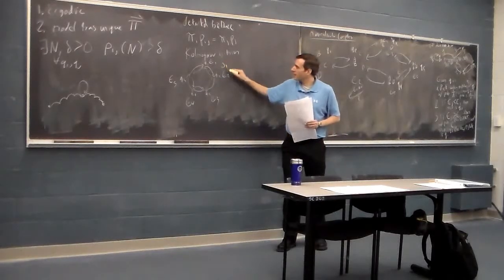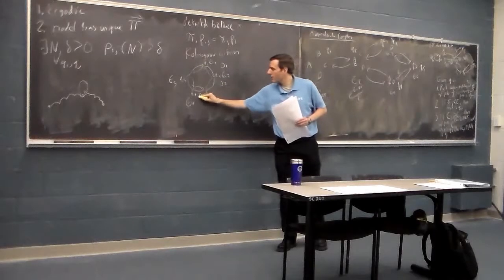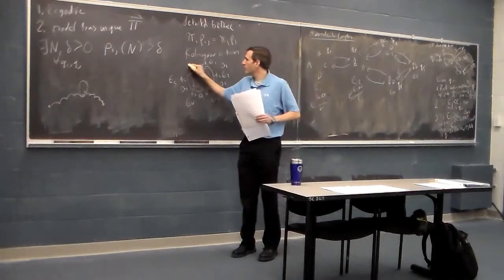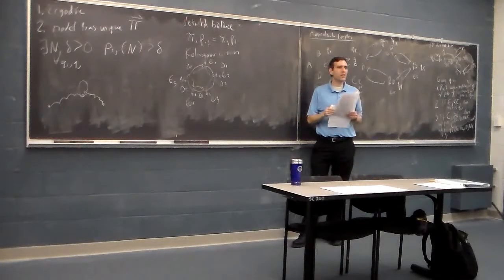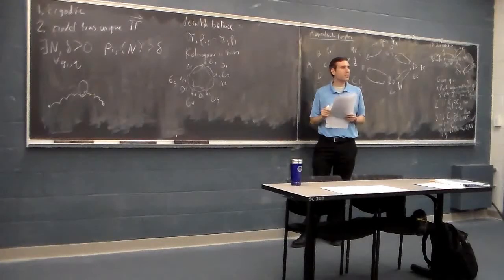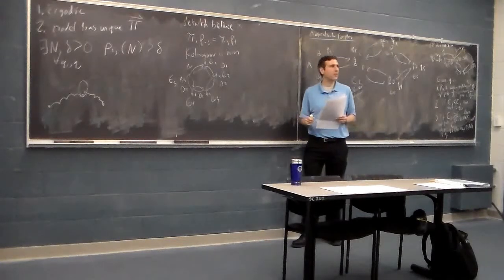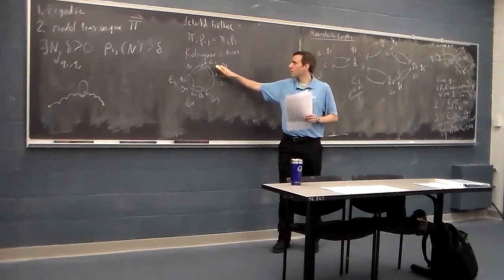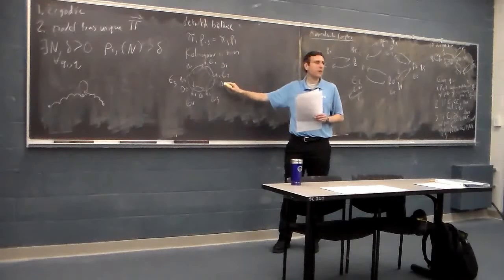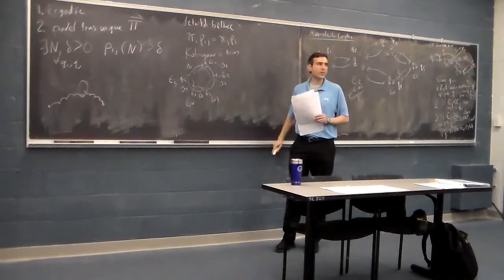So we can call this, let's say, delta 1, delta 2, delta 3, delta 4, delta 5. And some of those transitions will have positive energies, and some of those will have negative energies. So the ones where the delta is negative, that means that we're making an energetically favorable change here. So let's say this one is negative.